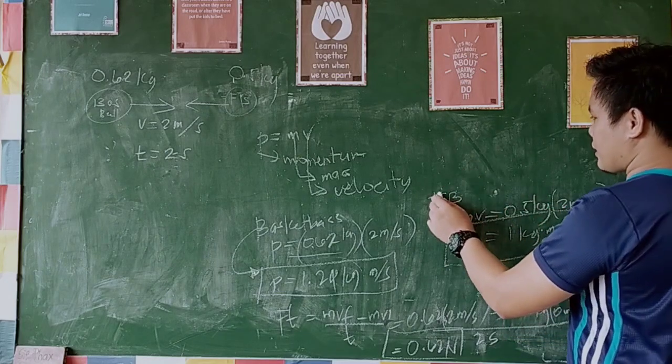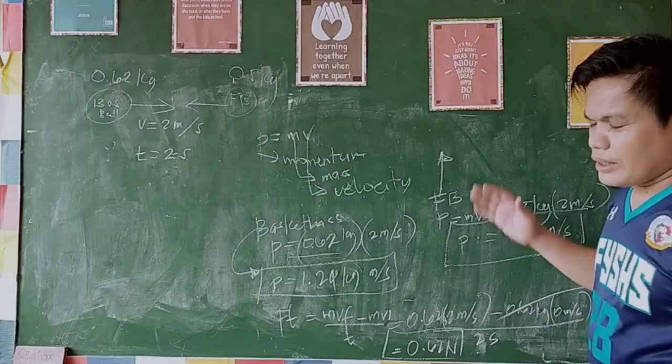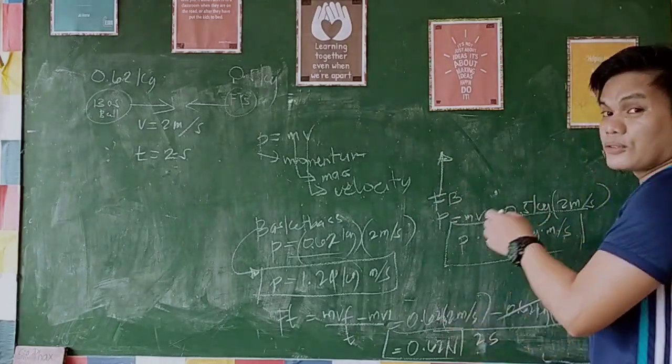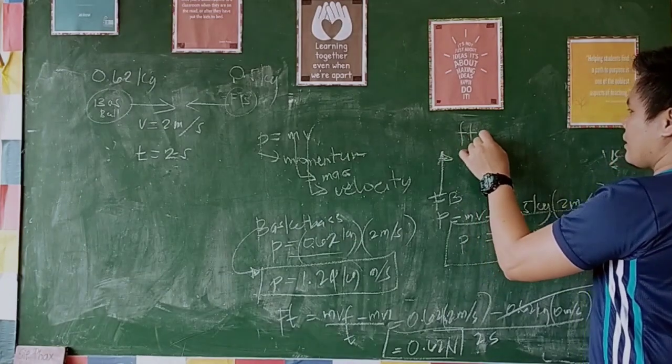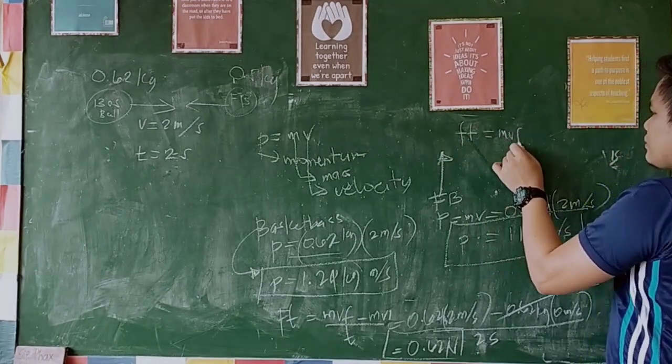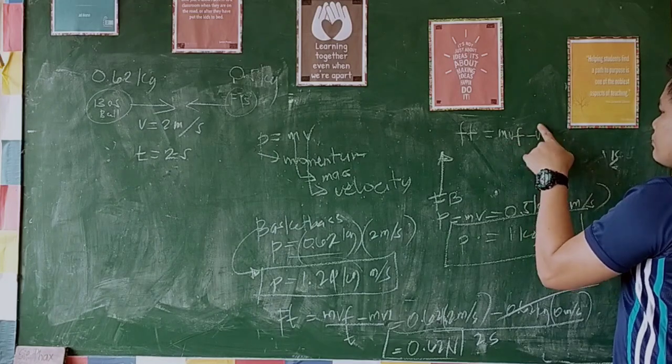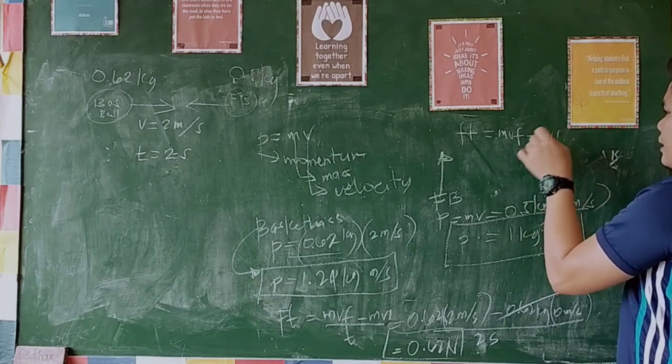So, let us calculate the impulse of the football. Impulse again is Ft is equal to mvf minus mvi.